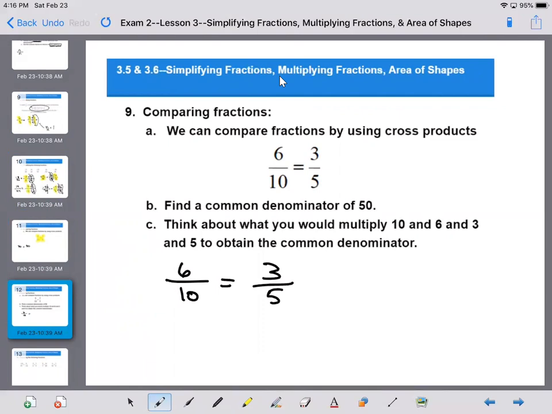I'm wanting to know, are these equivalent? Well, that would mean that I would multiply 5 times 10 and 3 times 10, because I need to have that n divided by n, and this would be 5 multiplied by 5 divided by 5. So notice that this would end up giving us 30/50 and 30/50, which would be equivalent.